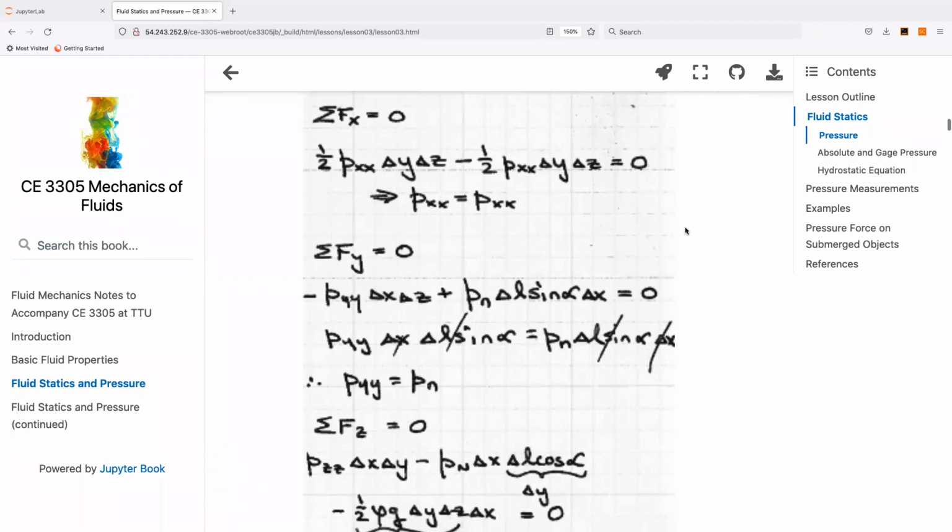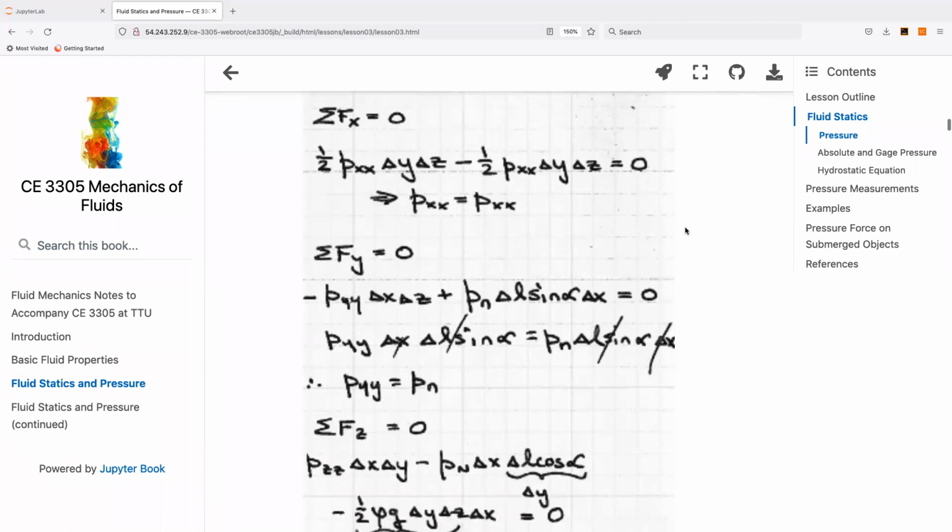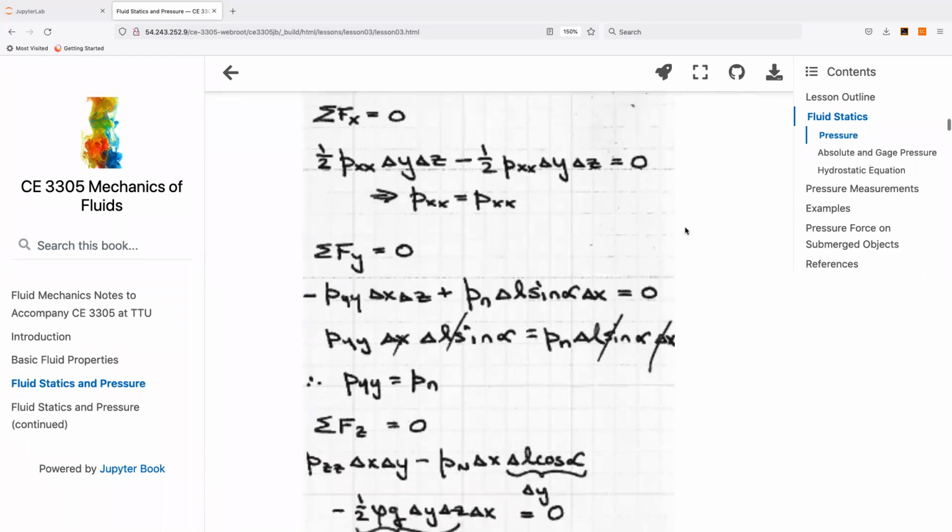So let's do a force balance on our little wedge. Remember from statics class, in your force balances you always said the sum of the forces is equal to 0. Then you drew arrows every which way and wrote down every letter of the alphabet that you could and hoped you got partial credit. But we're going to do that again here.